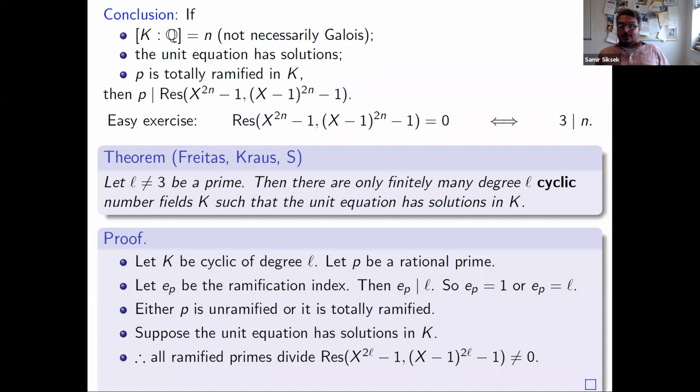If it's L, then it's totally ramified. So cyclic number fields of prime degree are nice because everything is either unramified or totally ramified. And if you assume that the unit equation has solutions, then the ramified primes, which are the same as the totally ramified primes, divide this number, and this number is non-zero.